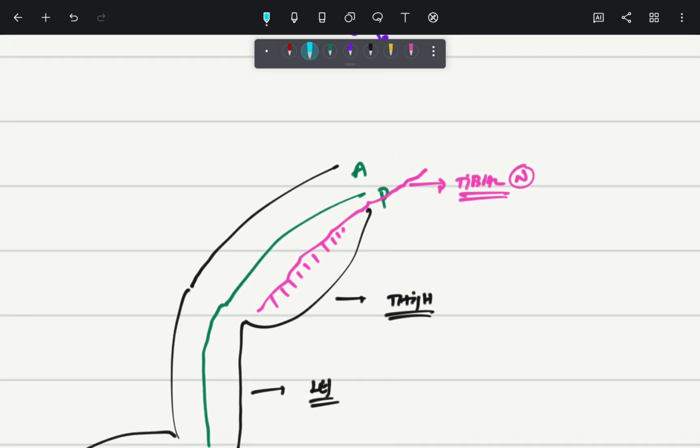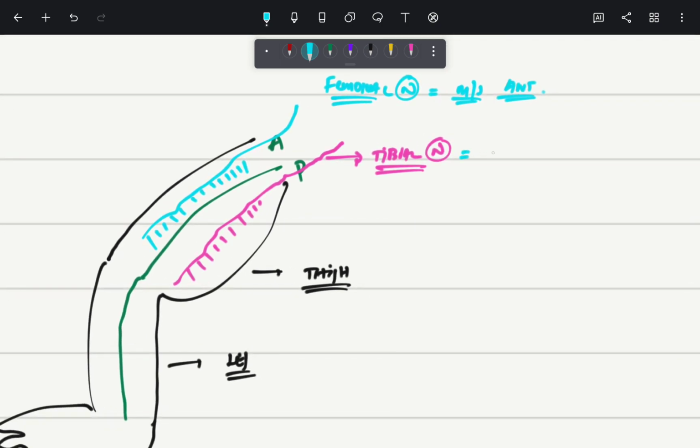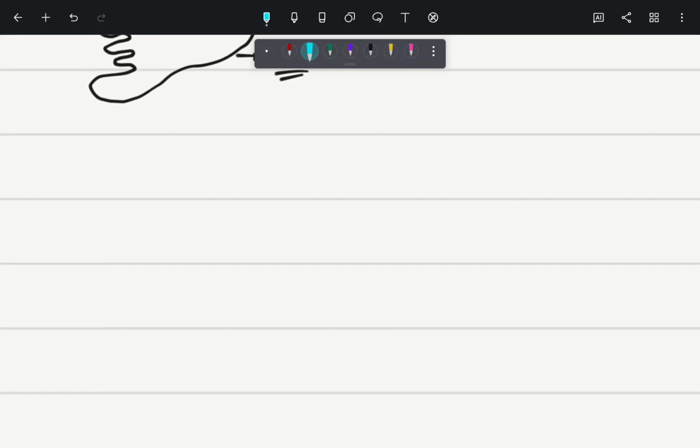And the anterior compartment of the thigh is usually supplied by your femoral nerve. So the muscles which are present in the anterior compartment are supplied by femoral nerve, and the muscles which are present in your posterior compartment are usually supplied by your tibial nerve.